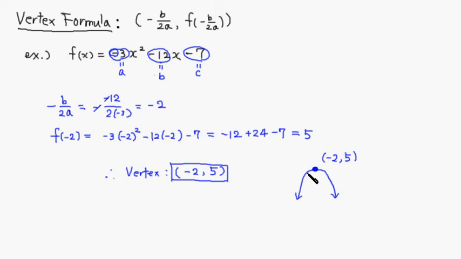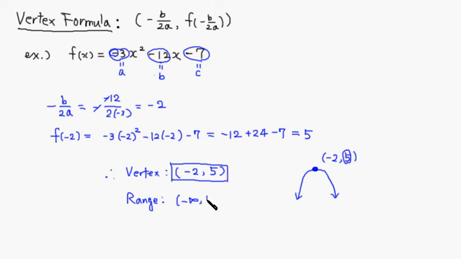Which means that if you're looking for the range of this function, you can see that the graph extends downward, so it's going to start from negative infinity all the way up to the highest y value, which is at the vertex, 5 right there.